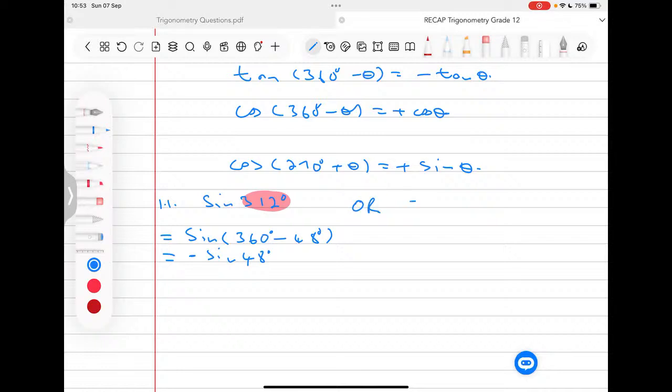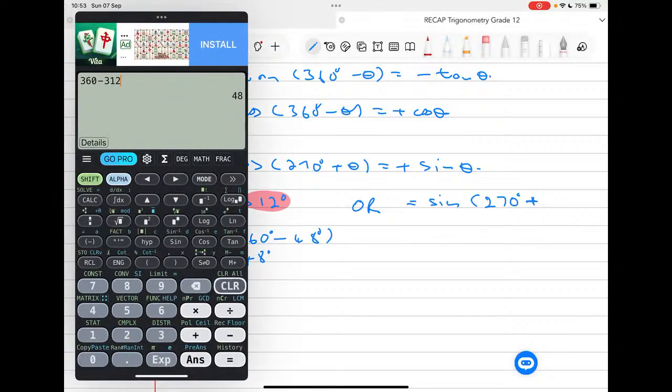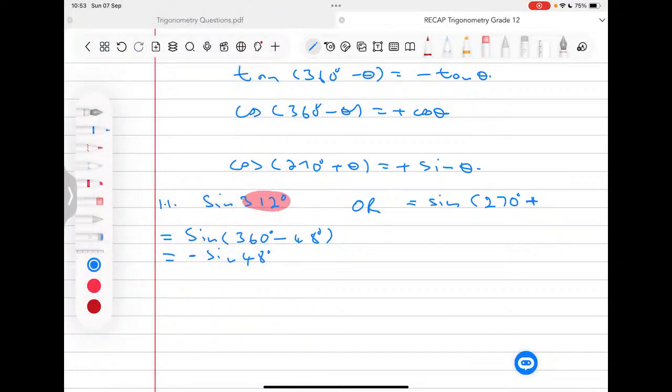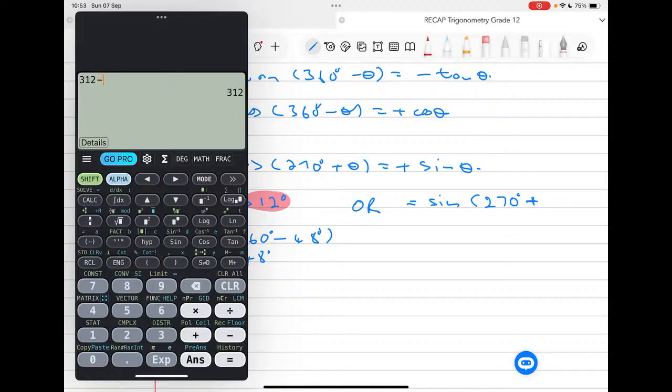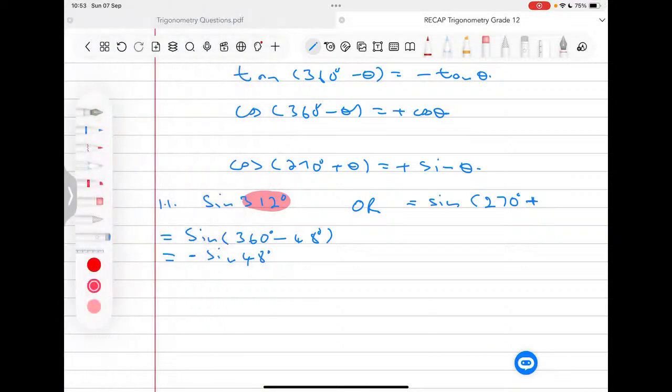Alternatively, this can also be written as sine of, remember, we can define the fourth quadrant as 270 plus. So if I take 312 that I started with and subtract the 270, I get 42 degrees.